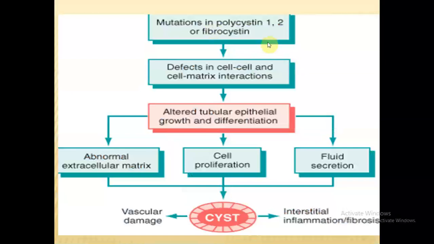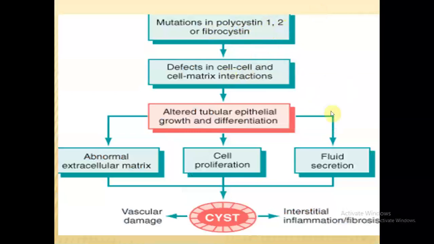هنا الجين انكود بروتين اسمه بوليسيستين: polycystin 1, polycystin 2. PKD1 mutation associated with polycystin 1, PKD2 mutation associated with polycystin 2. طبعا هذا الجين هو important in cell differentiation and cell proliferation and cell polarization and membrane transport.